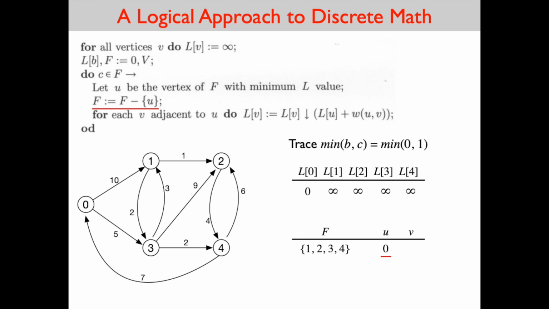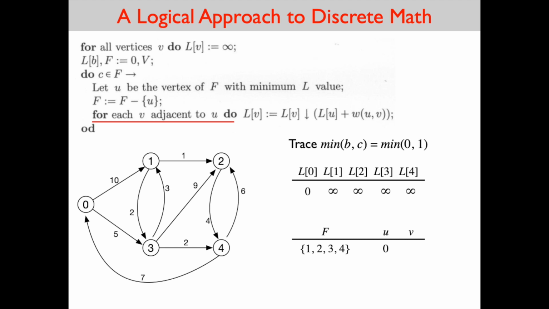Now the next statement says, for each V adjacent to U. Now this is the way this statement works. If the current value of U is 0, the question is, which vertices are adjacent to 0?